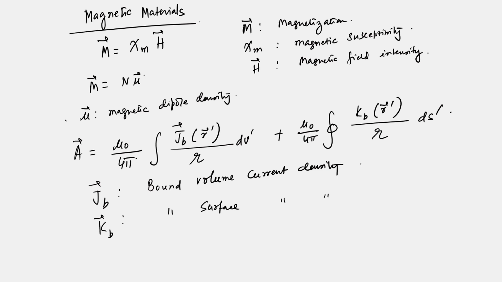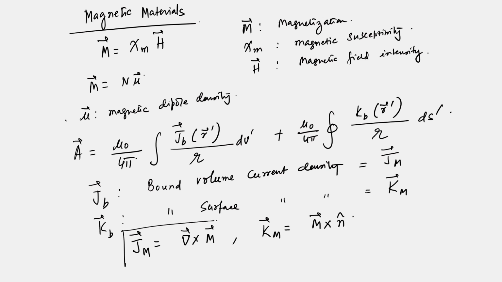They are more familiarly called J M for the magnetic part, and K M. The letter B was used to show that these are bound currents, so they are distinct from the free currents. This J M or J B is obtained from the magnetization by taking the curl of the magnetization, just like it was the divergence of P for the volume charge density, and K M is M cross N.